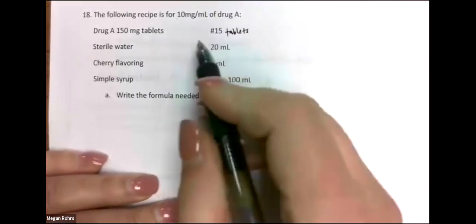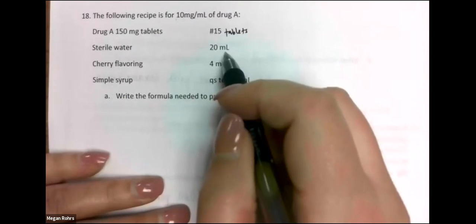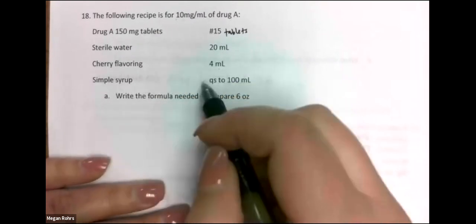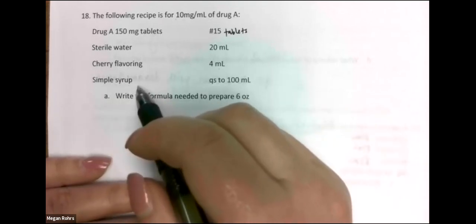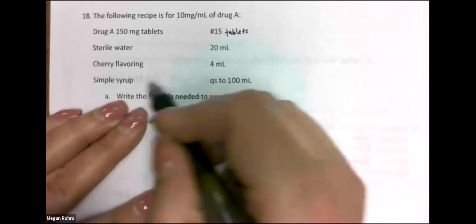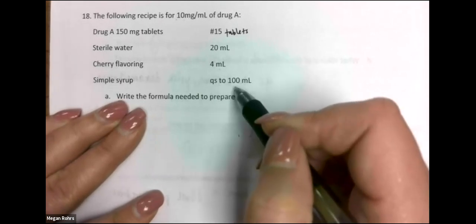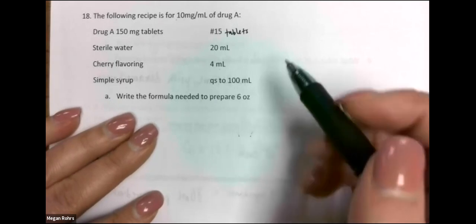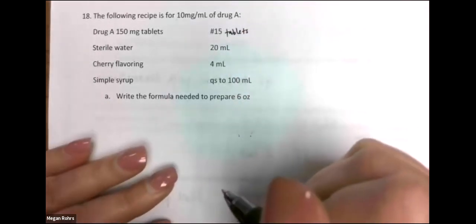Just so we're clear on that, that's quantity of 15 tablets. 20 mils of sterile water, 4 mils of cherry flavoring, and then we're going to QS to 100 mils with simple syrup. Once again, this does not mean we're using 100 mils of simple syrup. This means we're going to add enough simple syrup to get us to the final volume of 100 mils. So this formula makes a total of 100 milliliters.